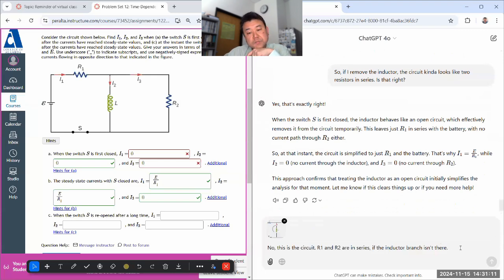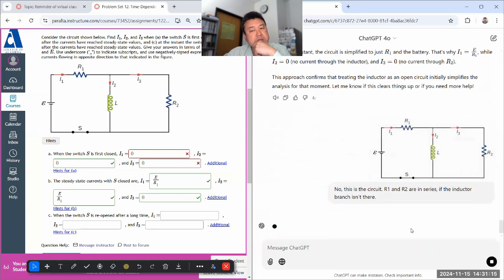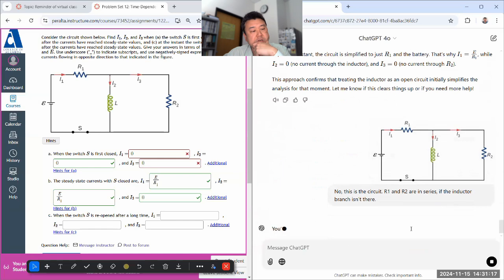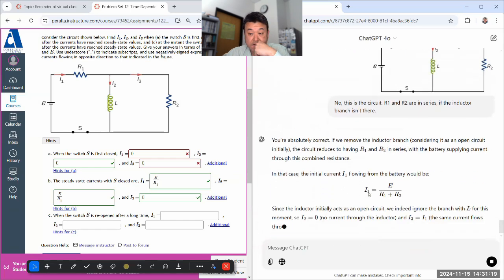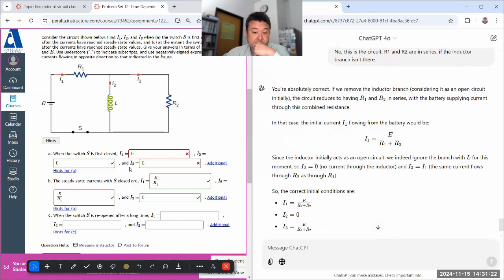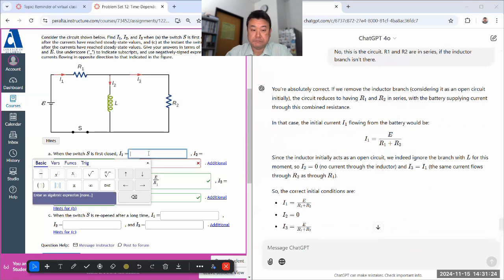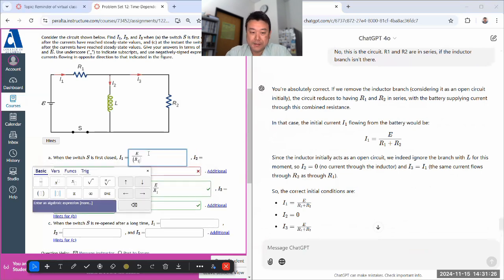It's possible ChatGPT is struggling with this, I don't know. It's not quite spatial reasoning. I didn't think it would struggle with the circuit. Yeah, that is what it should have been. Understand why it took so long.